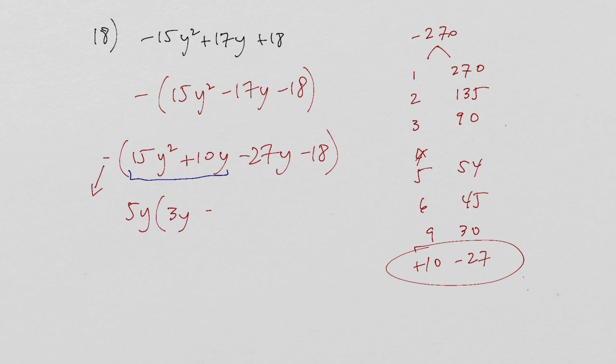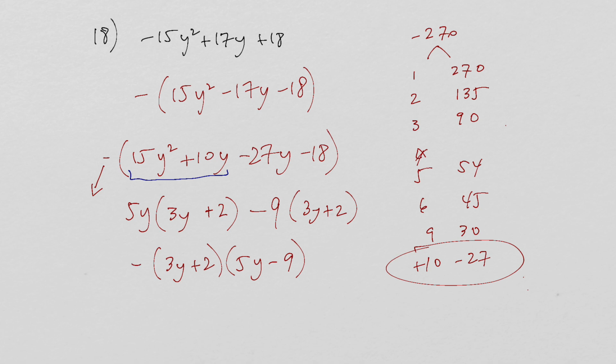I'll put 3y plus 2 again. And then I have to put in a negative 9 here so that when I multiply, I get to that. Just double check. Negative 9 times that is that. Negative 9 times that is that. So now my 3y plus 2 is common. And I have 5y minus 9 left over. And that negative gets written out there.